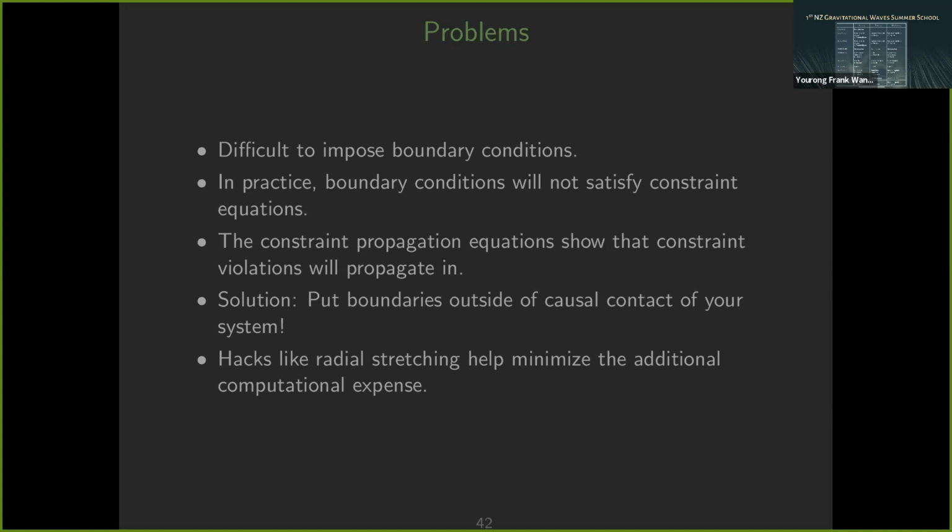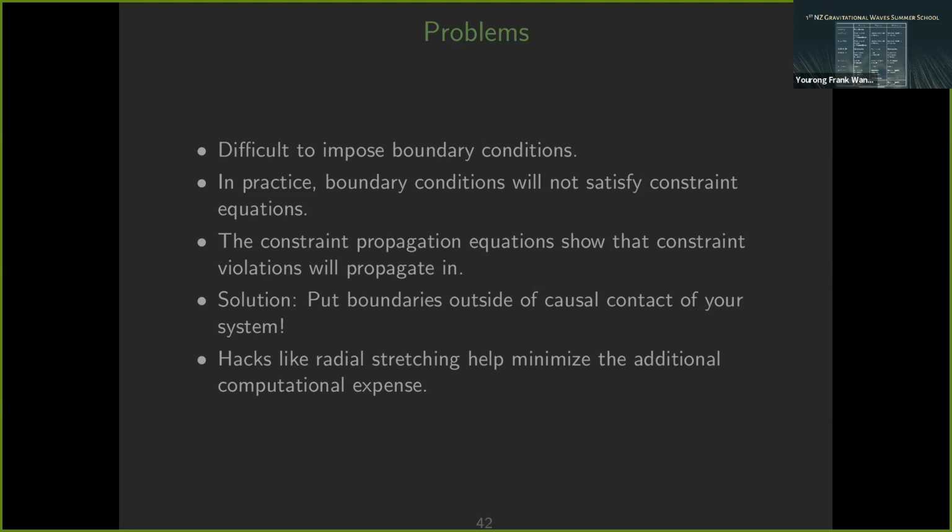And although constraint preserving boundary conditions have been published, they're not really used in practice. So what you find is, because of the constraint propagation system as well as the evolution system, there are so many pieces that are propagating independently, it's difficult to make sure that every piece propagating in from the constraint system is zero.